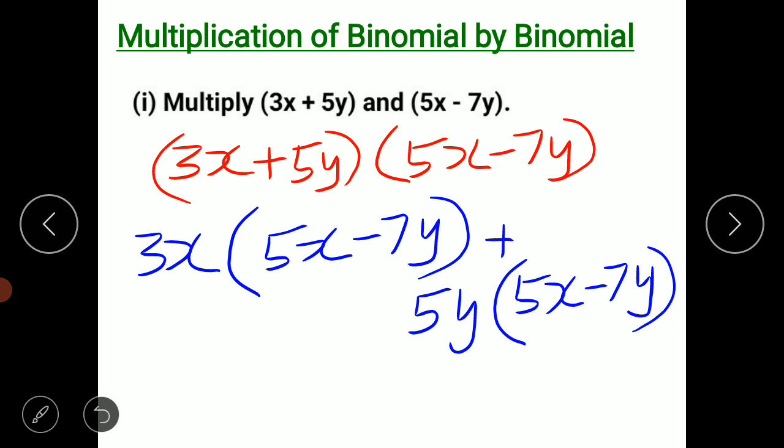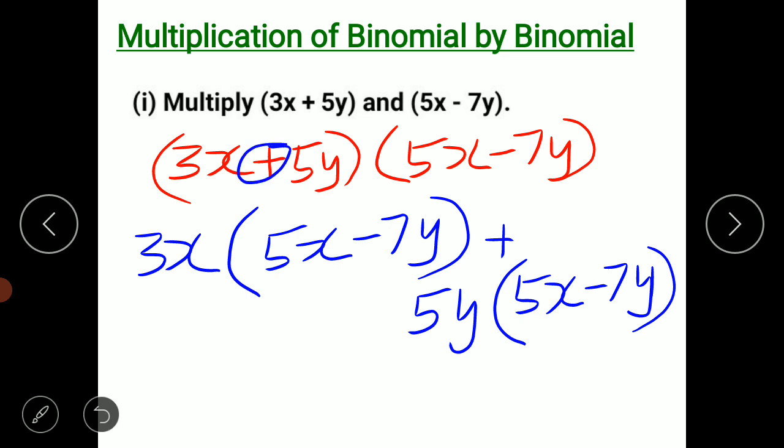Once again I say, to multiply a binomial by a binomial, take the first term of the first expression and multiply by the second expression. See, 3x into 5x minus 7y, within the bracket. Then plus 5y, the second term of the first expression, with sign.